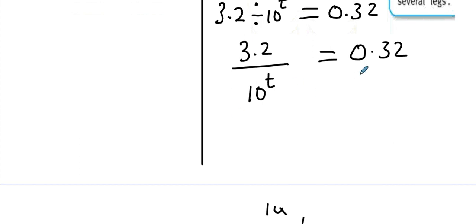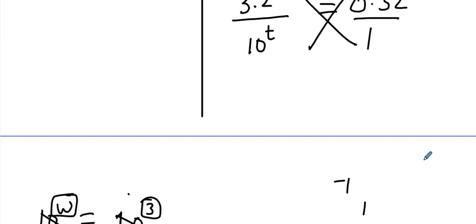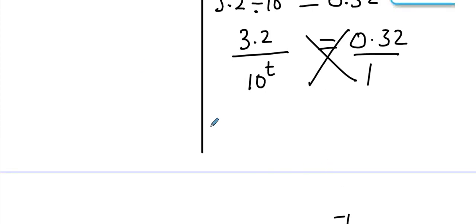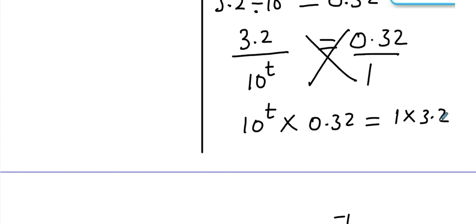Now from here you make it over 1 so that you can easily cross multiply. Then this will be 10 to the power of t multiplied by 0.32 equals 1 times 3.2.